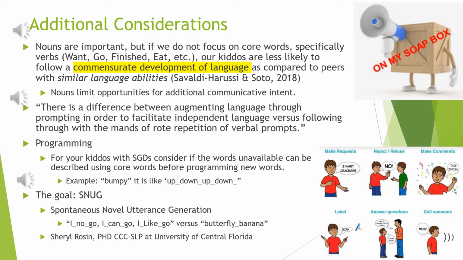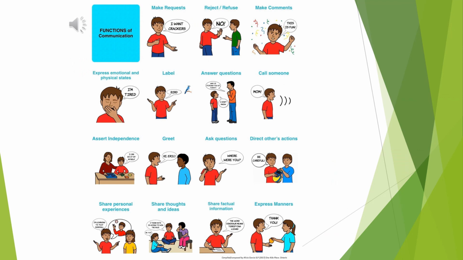I know go, I can go, I like go, versus butterfly banana, right? These fringe words, we just can't combine them into a lot of meaning. We can't do a lot with them. Versus I know and go, okay? We can use those to create these multiple communicative intents.